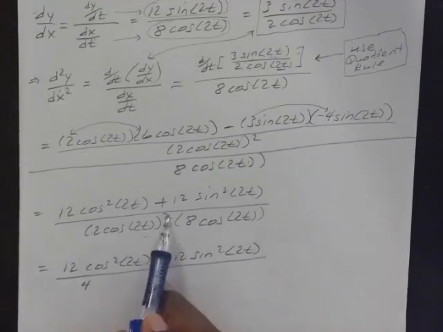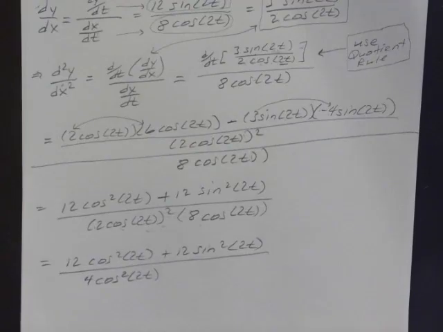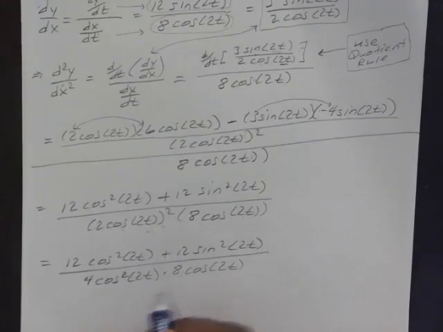So that's 4 times cosine squared of 2t, times 8 times cosine of 2t. Actually, everything here is multiplied, so we don't even need the dots, but we'll put the little multiplication dots there anyway.